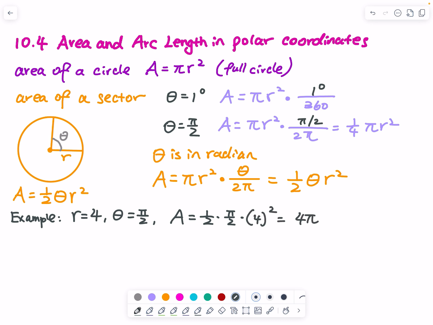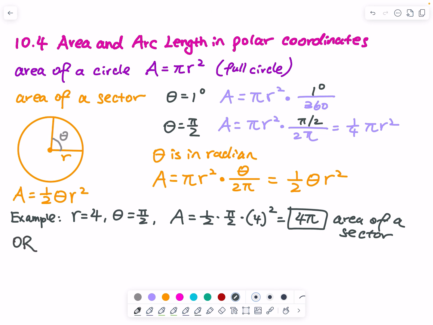That is the area of a sector. How big is this? Pi over 2 means 90 degrees, so that is exactly 1/4 of a circle.